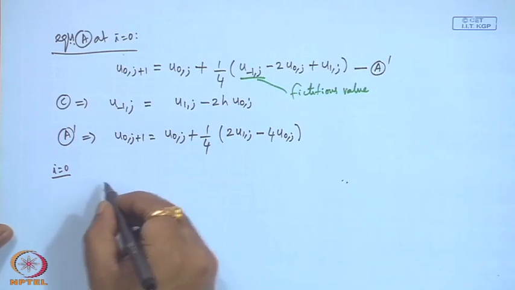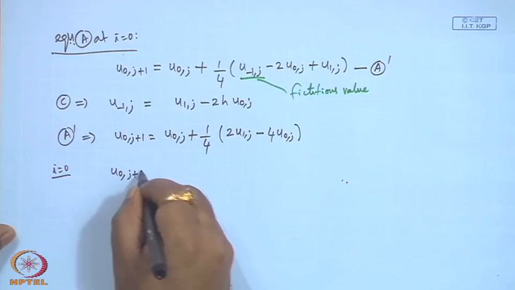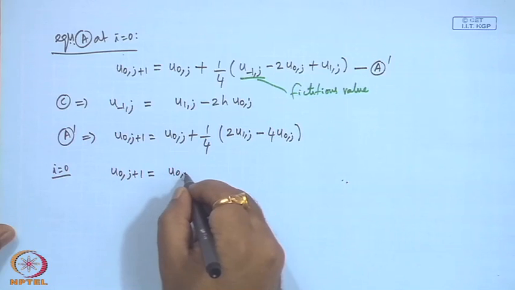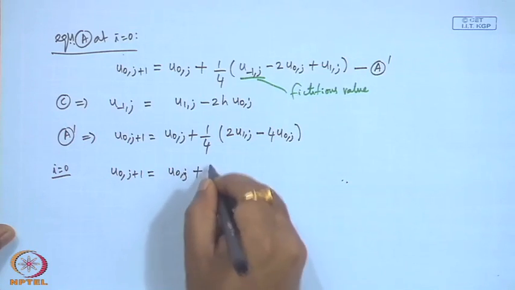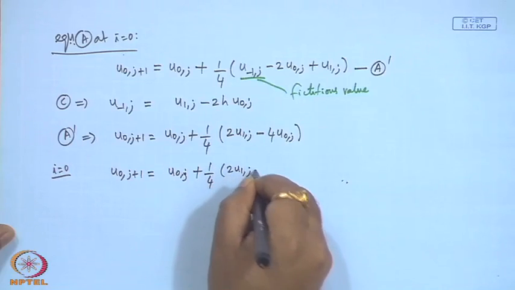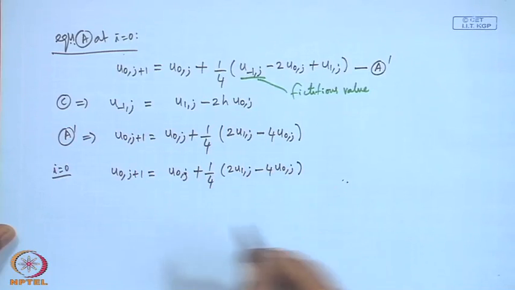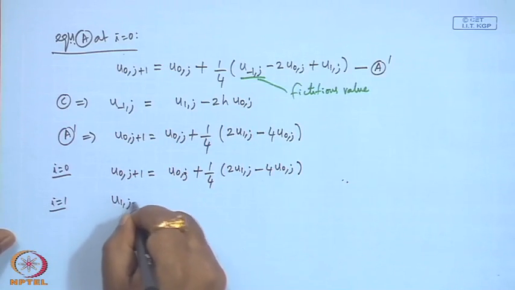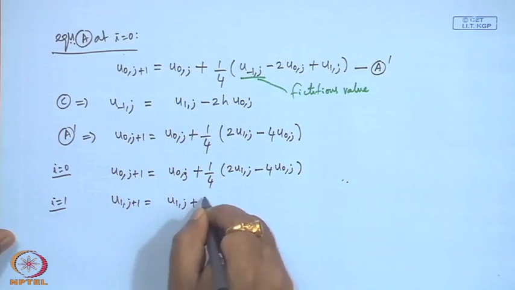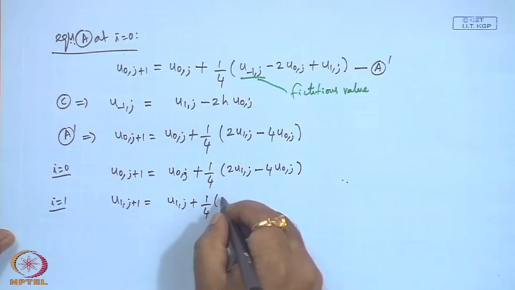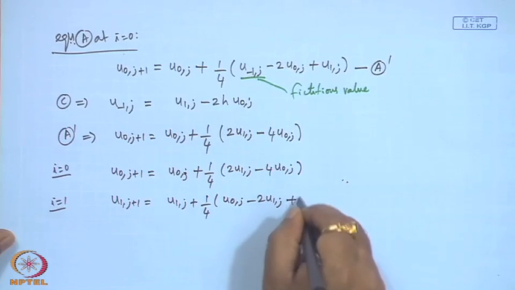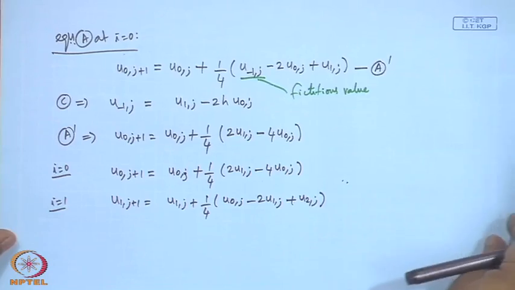Okay. So, this I equals to 0 will be j plus 1 by 4, then I equals to 1, I equals to 1 will be, okay. So, we write down all the equations.